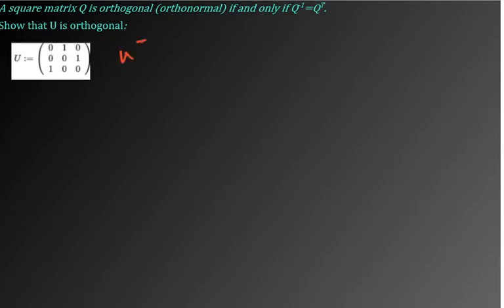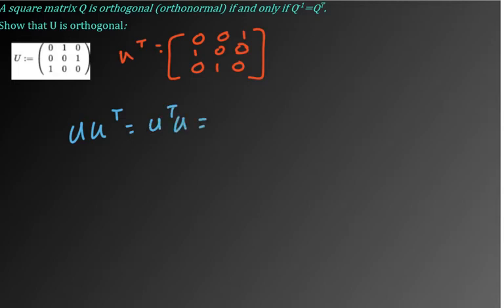So an easy way to show that something's orthogonal is to just take the transpose. So here, UT would just be 0, 0, 1, 1, 0, 0, and then 0, 1, 0. I think I did all that correctly, yes. And then if you just compute UT times U, you will see, let's just do the first row here, we get 0 plus 1 plus 0, so we're getting 1 right there.